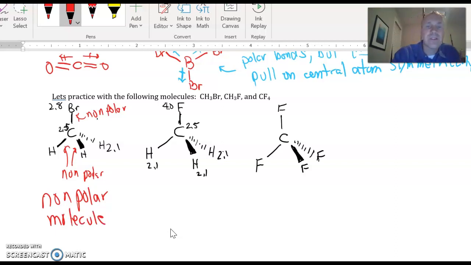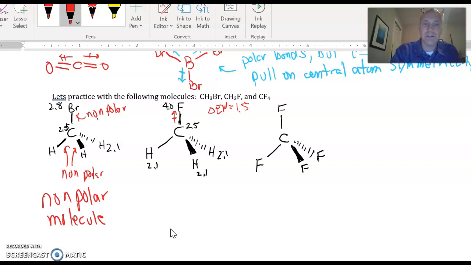All right, let's take a look at this molecule right here. Again, the same thing in the bottom. These are all carbon-hydrogen bonds. They're not going to be polar, but between carbon and fluorine, 4.0 and 2.5, that is a delta electronegativity of 1.5. That makes this a polar bond. The fluorine is going to want to pull those electrons towards it. And so if there was no pushing or pulling at all down here on the legs of the tripod, but there was pulling in this direction, that's a lopsided amount of electron pulling.